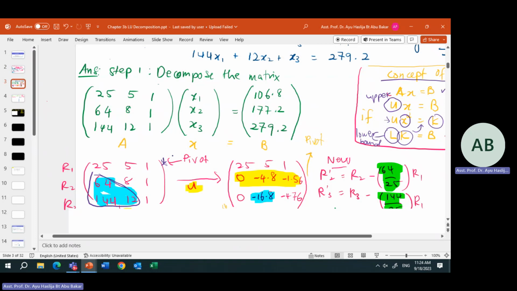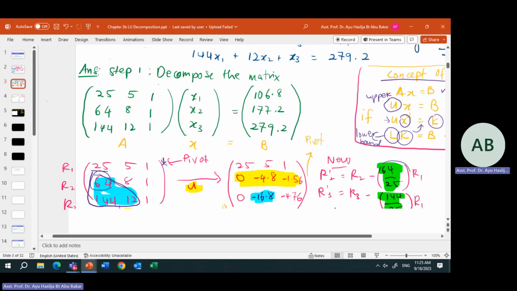First step, pivot the first row. Now find the new value on R2, row 2. R2 is the original value minus 64 over the pivot row value. The value in the pivot row must be the denominator.